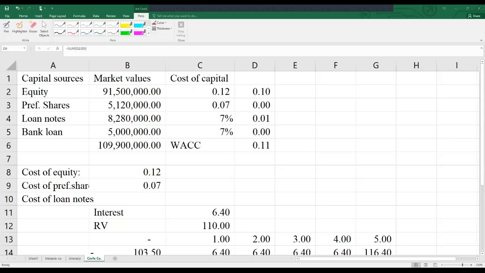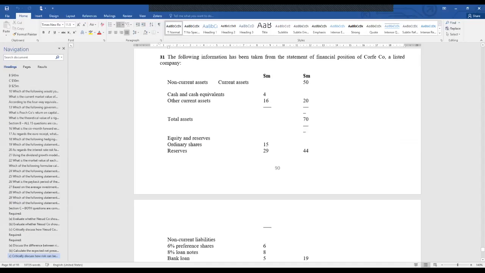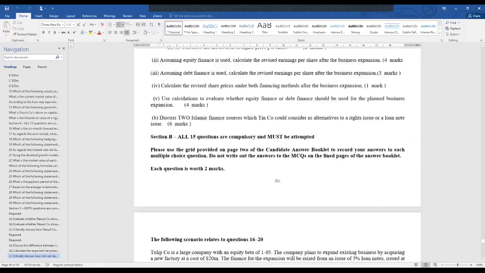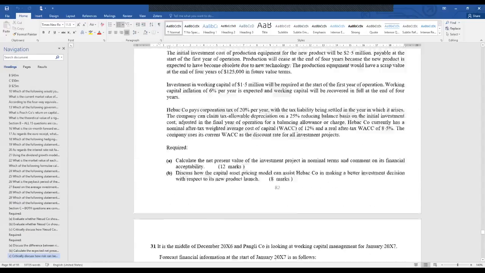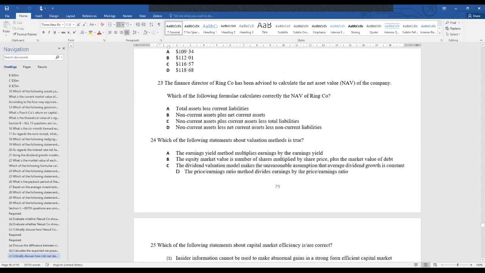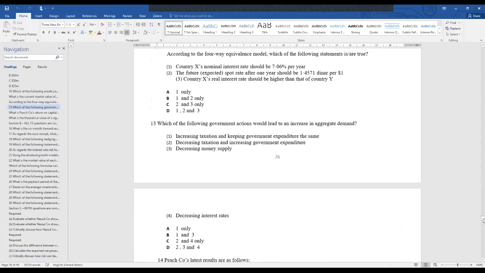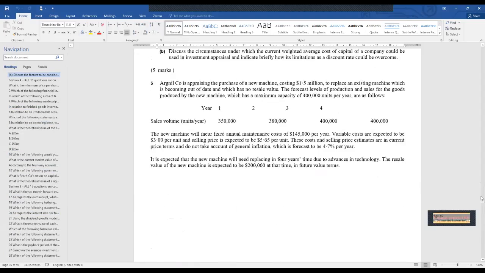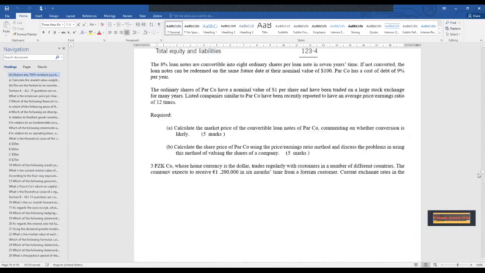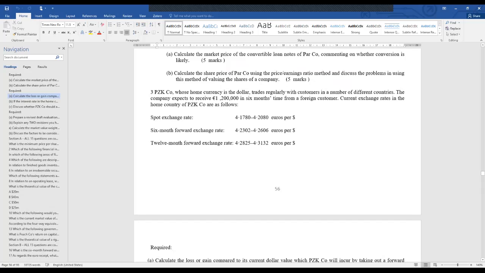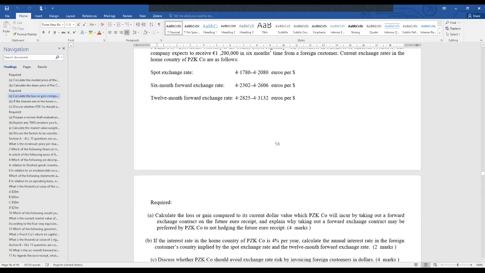Question, page 56? Page 56, question 3. That is as per Thomas' request. Is this on PZK?